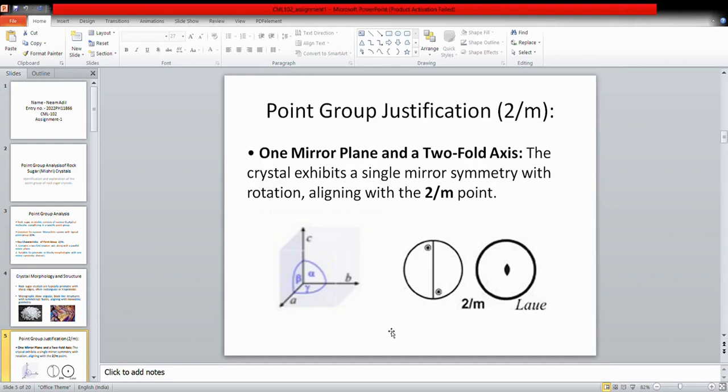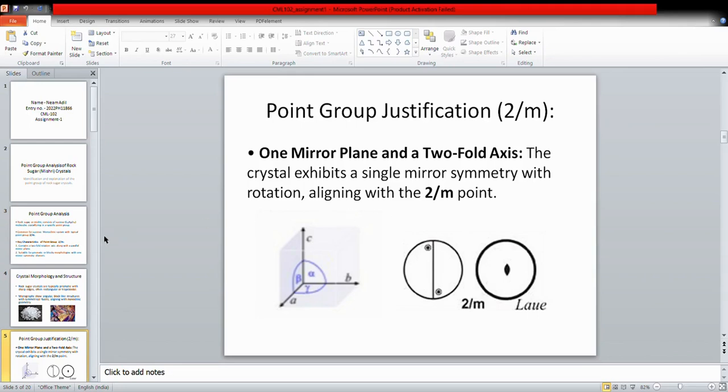Also, since we could observe the structure to be monoclinic, we have also given the monoclinic unit cell, in which the cell lengths a, b, c are different, and the angles alpha, beta, gamma are different as well. So here we justified the point group 2/m for this rock sugar crystal.